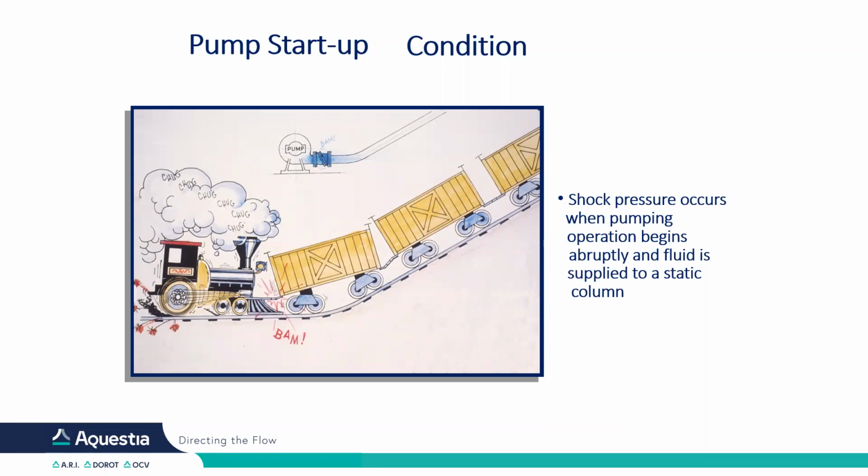And bam, the locomotive goes abruptly into the railway wagons. The same thing with the pump, the water abruptly starts moving. The fluid goes bam inside that static water column. That's when we start the pump.